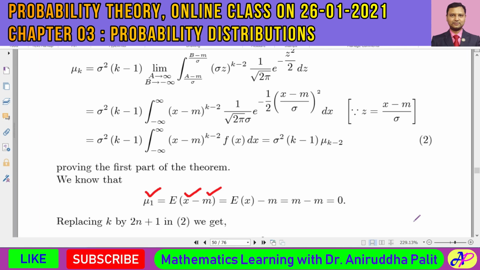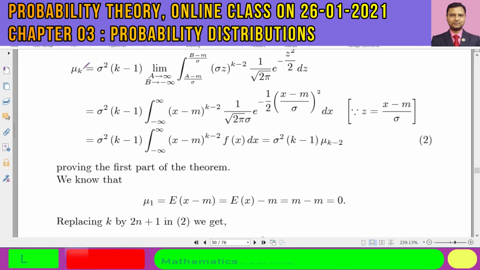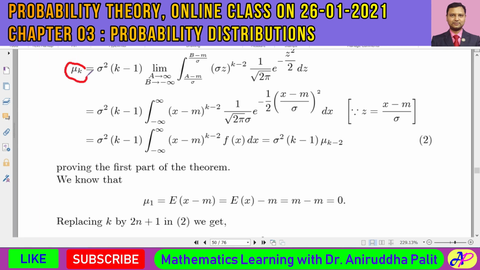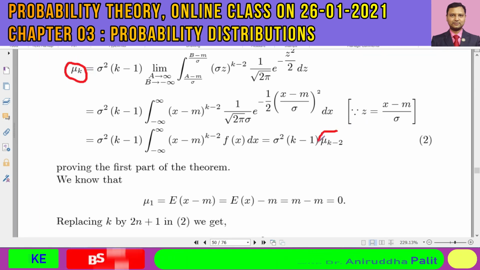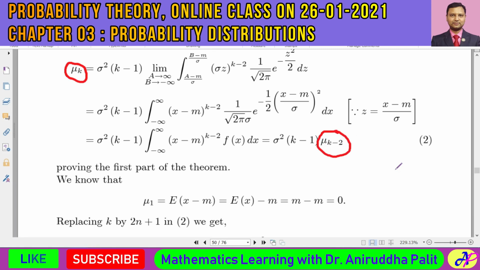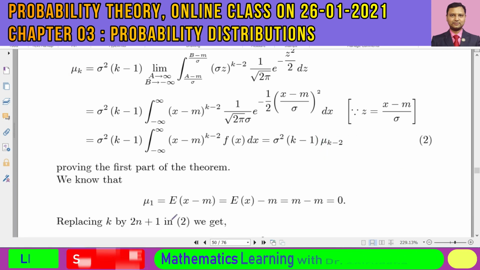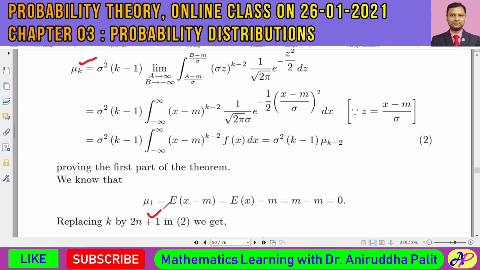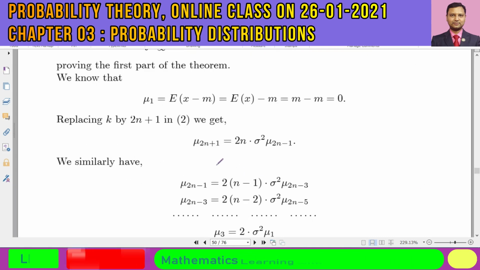So if we put k equal to 3, you observe that mu 3 would also be equal to 0, because mu 1 is equal to 0. Got it? So over here we are trying to replace this k by an odd positive integer in this relation number 2. Then we shall have this type of expression.